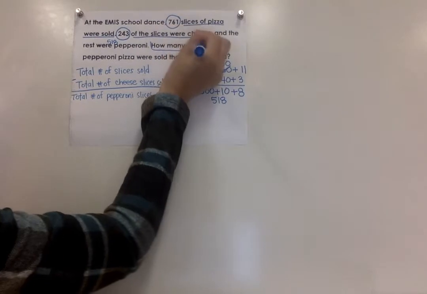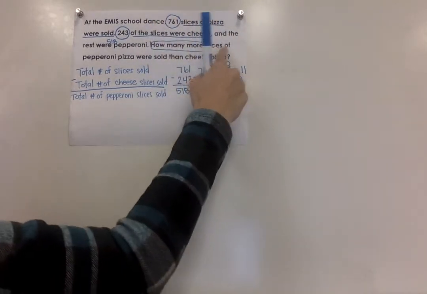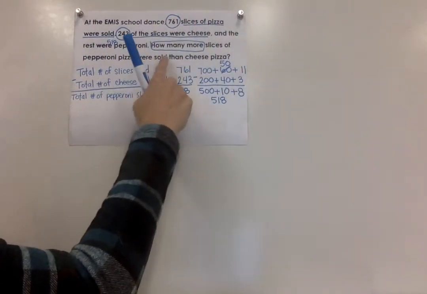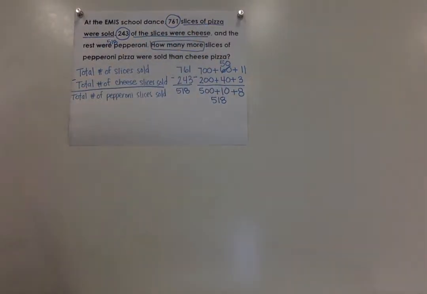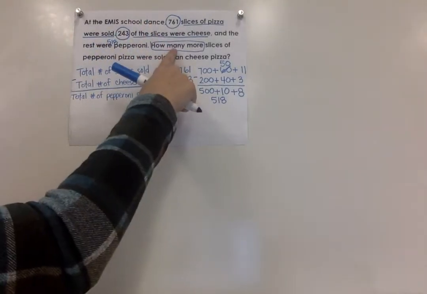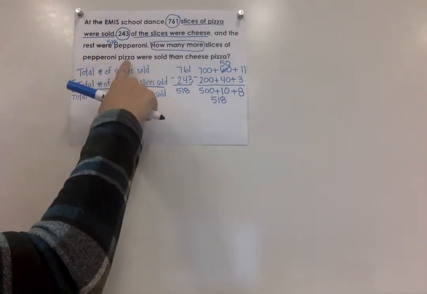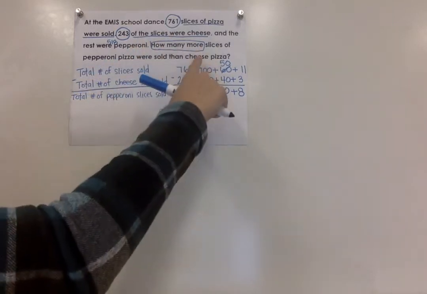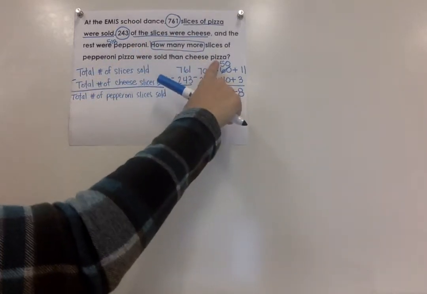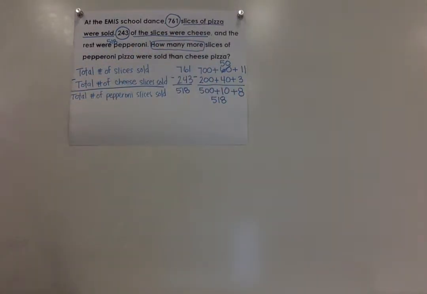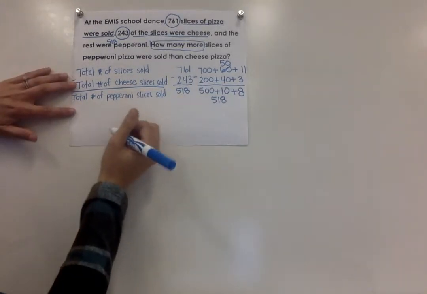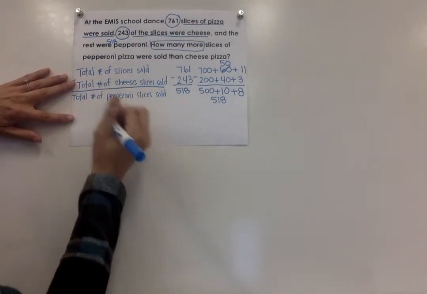How many more slices of pepperoni pizza were sold than cheese? Well, how many more tells me that I need to subtract. And I need to subtract pepperoni pizza slices minus cheese pizza slices, and that'll tell me how many more pepperoni there were. So I'm going to go ahead and write that down.